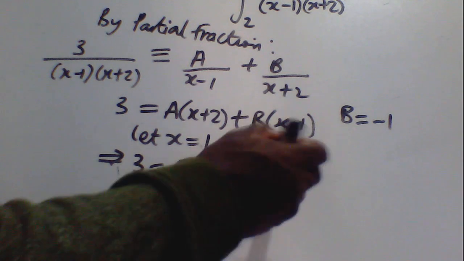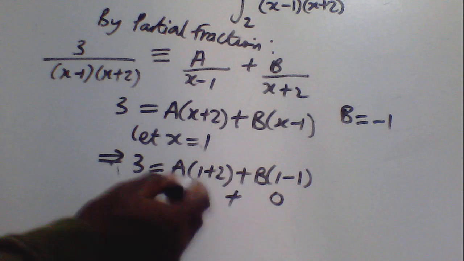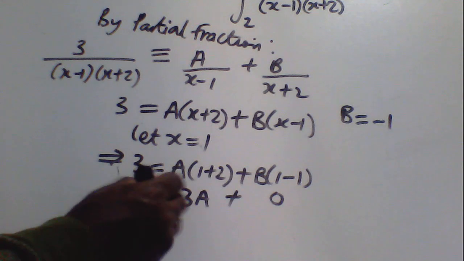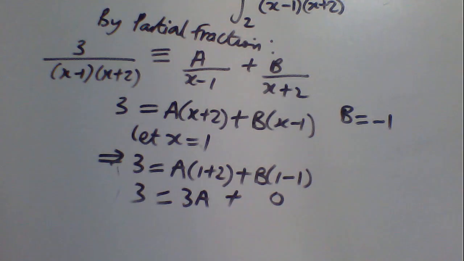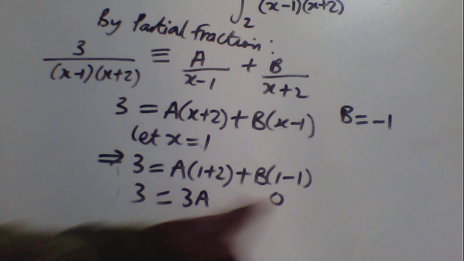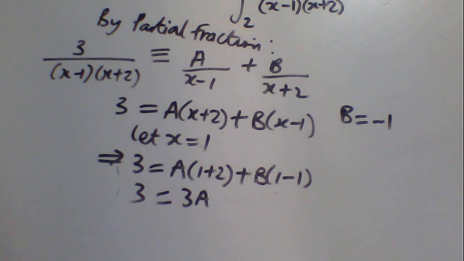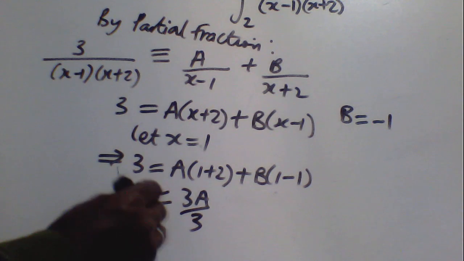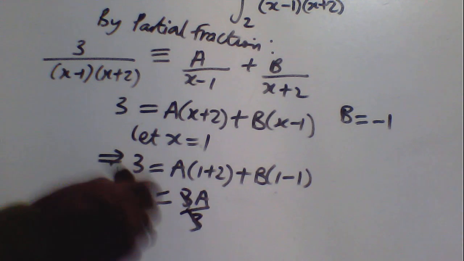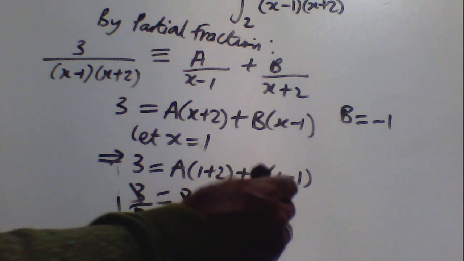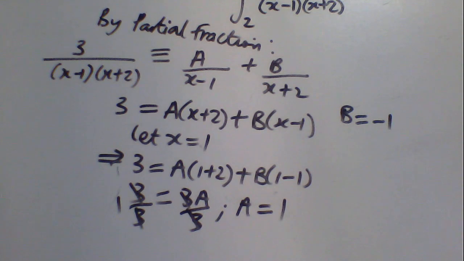Notice this term is equal to 0, and here we have 3A, and that gives us 3. So adding 0 to a number is equal to the number. So we can remove this plus 0 and divide by 3 to find the value of A. In this case, A is equal to 1.